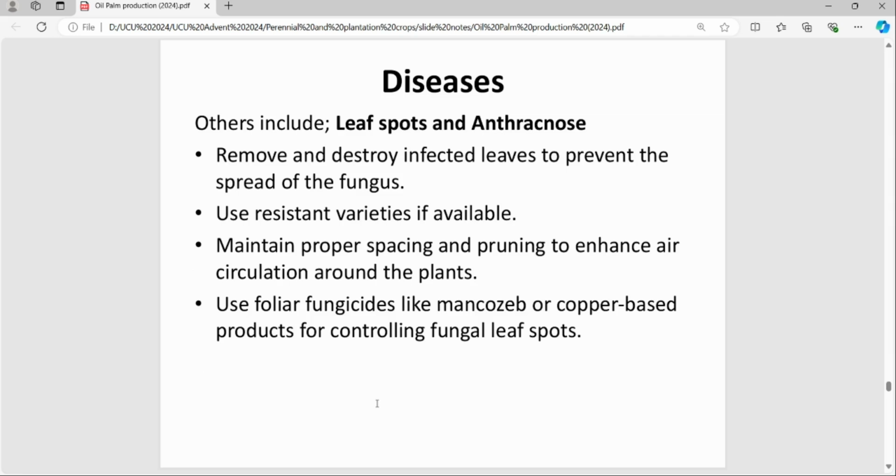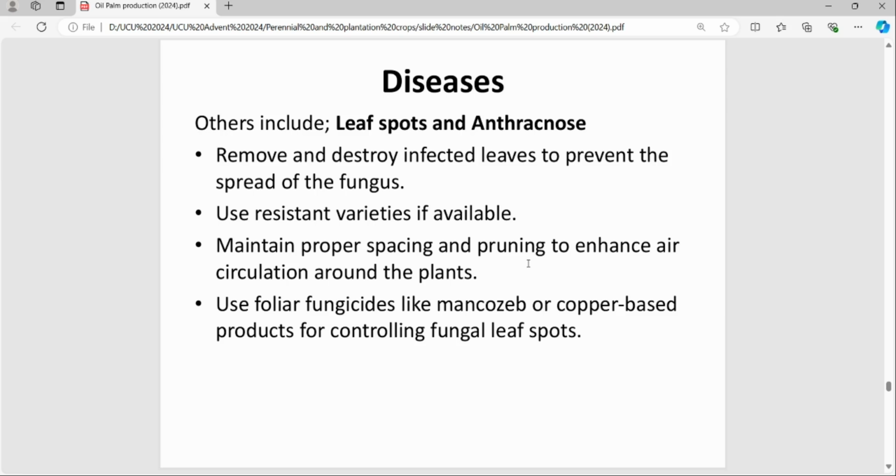Then other diseases include leaf spots and anthracnose, and these can be managed by removing and destroying infected leaves to prevent the spread of the fungus, using resistant or tolerant varieties, maintaining proper spacing and pruning, because improper spacing can lead to environments that favor the spread of the disease.